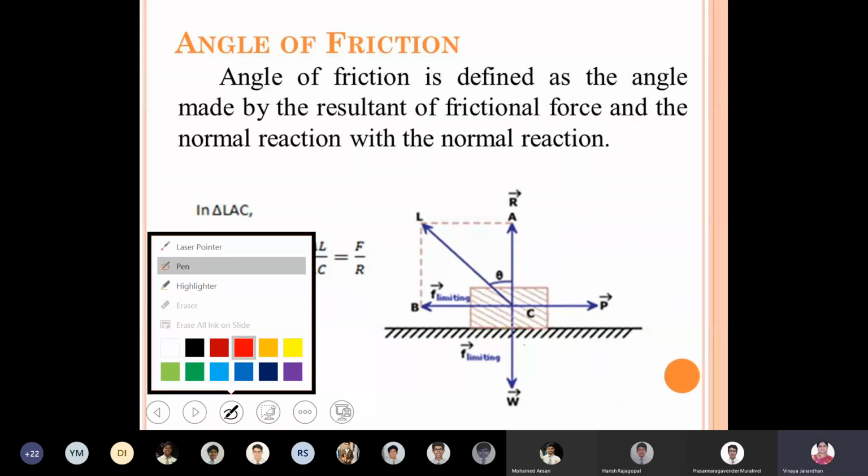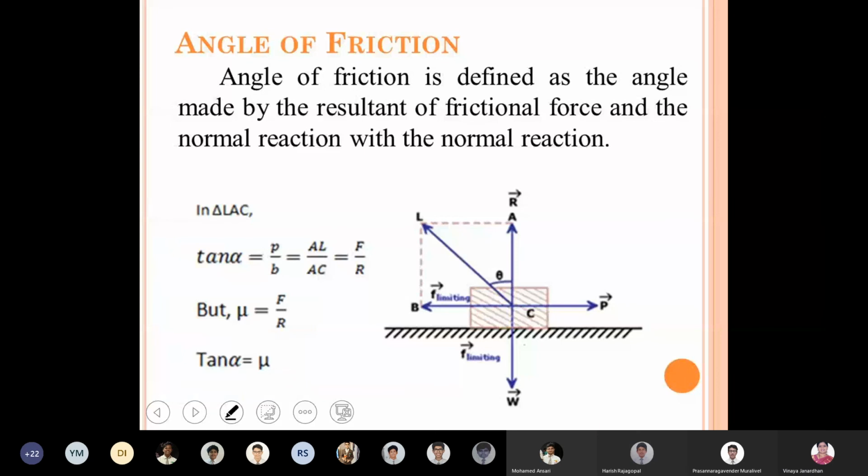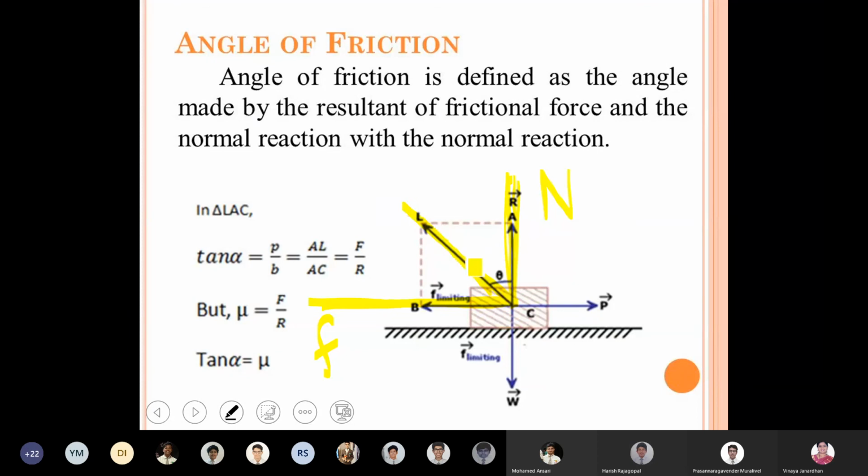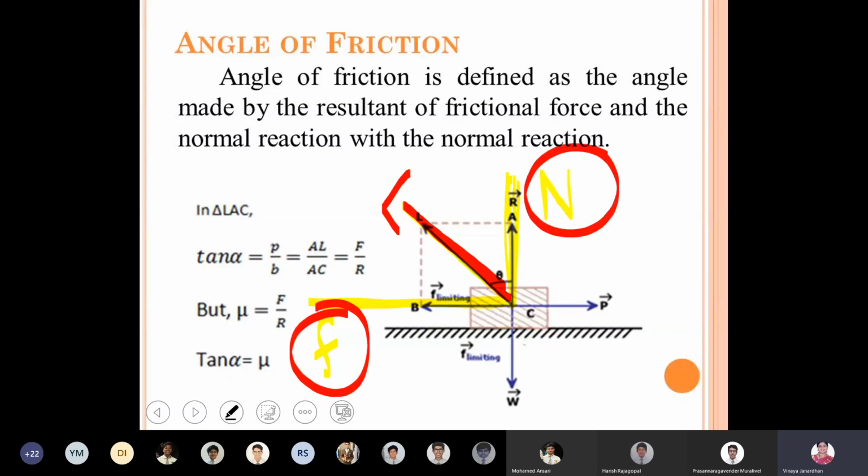These are the two vectors, and they act along the sides of a parallelogram. Then where will the resultant act? This is the resultant of the frictional force and the normal reaction.